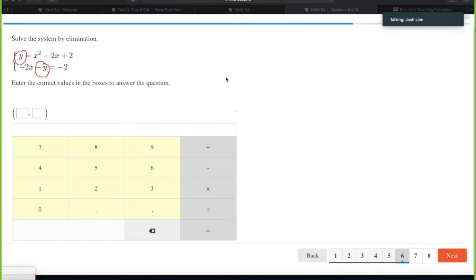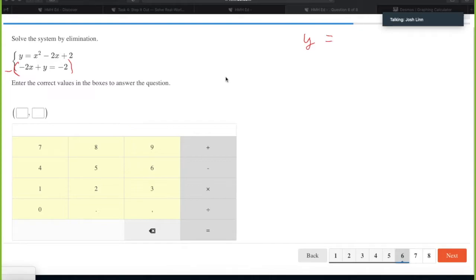So we're just going to line those up, and we're going to subtract the second one from the first one. It doesn't really matter which one we do. So we'll just do a negative sign with this one, and I'm going to line it up over here on the right.